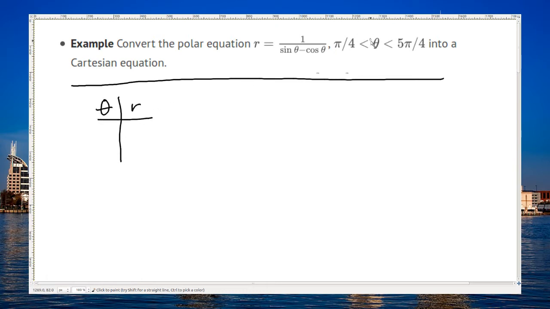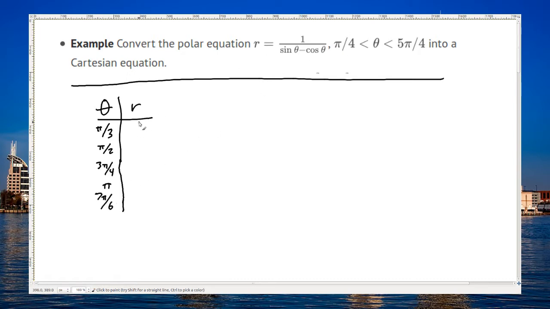Now, here I'm told that my theta value should be between pi over 4 and 5 pi over 4, so I'll pick things like pi over 3, pi over 2, 3 pi over 4, pi, and then I can slip in, let's see, what would that be? A 7 pi over 6 would still be in the domain there.